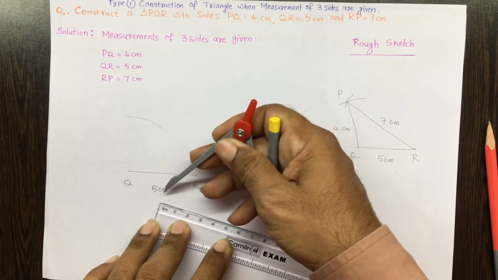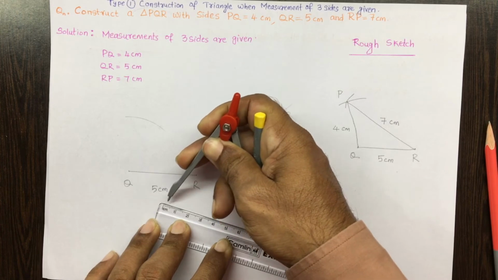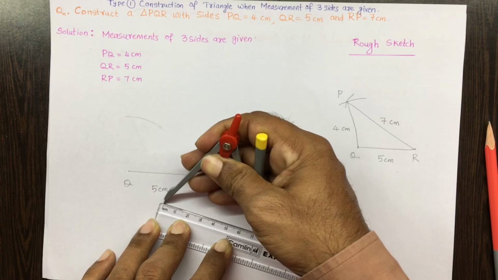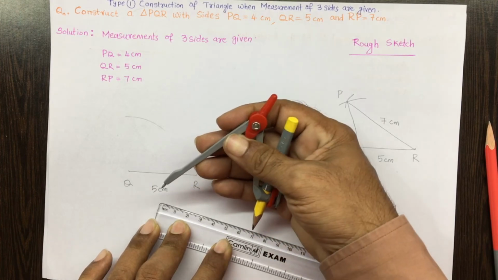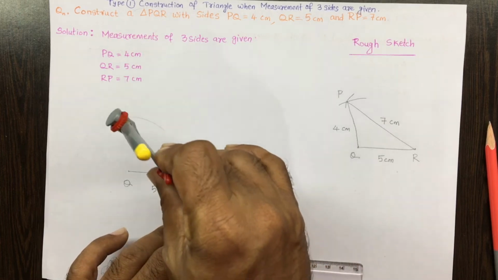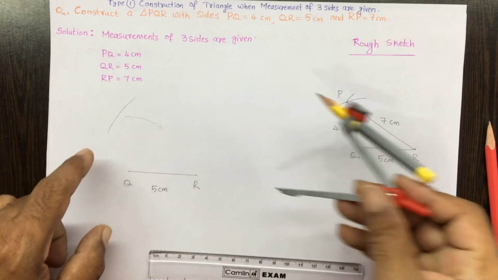So, it must be 7 centimeters, and from R you need to draw an arc. Look here, from the previous arc it was not cutting. So, what can we do?